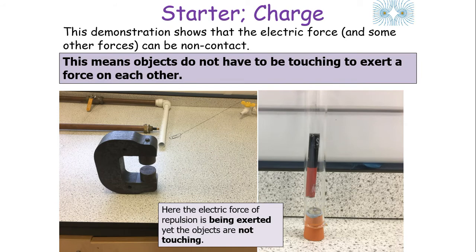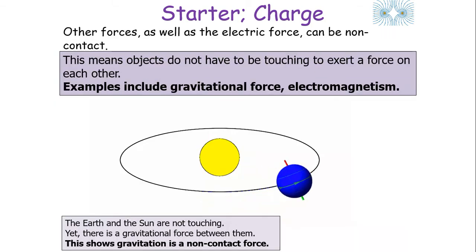You can look at several demonstrations, including magnets levitating and a paperclip being attracted to a magnet, and it shows you that objects do not have to be touching to exert a force on each other. Here, the electrical or magnetic force of repulsion is being exerted, yet the objects are not touching.